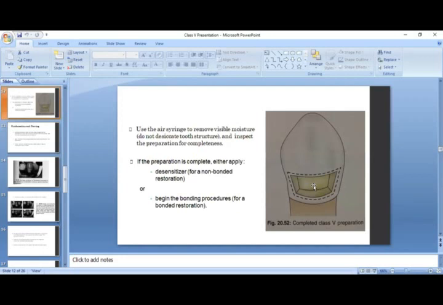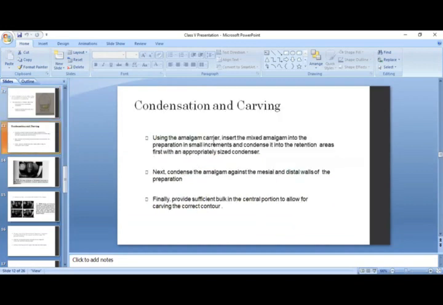So we need a very specific kind of instrument in order to tap, or in order to condense, I mean, to place the filling material in that area. That is basically a condenser, right? This condenser I'm talking about.